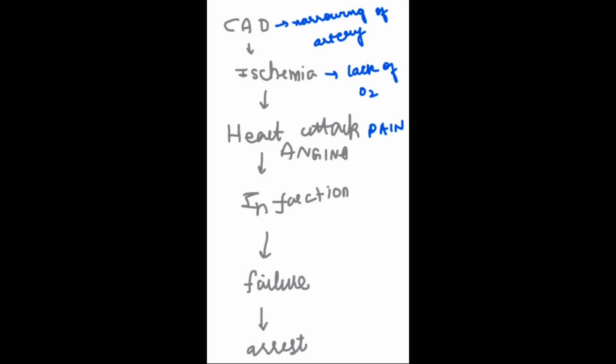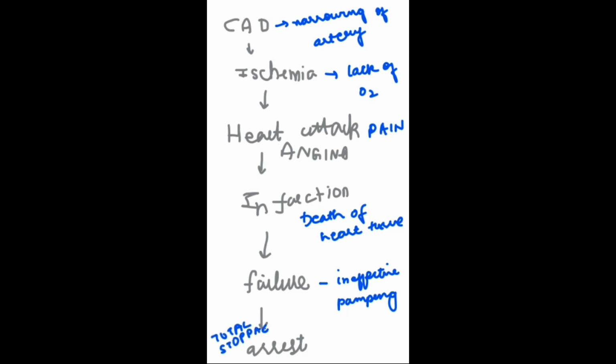Infarction means death of the heart tissue, the cardiac tissue, and this infarction can finally lead to heart failure, which is nothing but the inadequate pumping of the heart to meet the demands of the body. Heart failure ultimately leads to a condition known as cardiac arrest, where there is complete stoppage of the heart and its functioning and the cardiac activity.